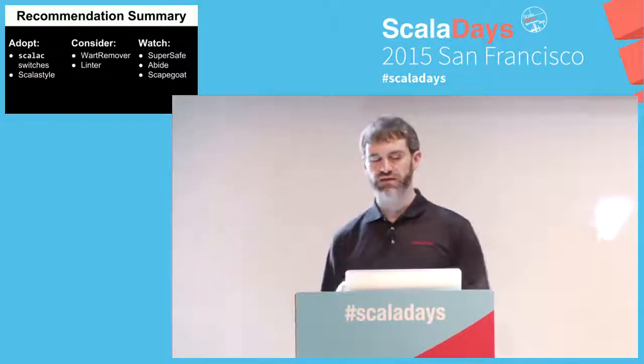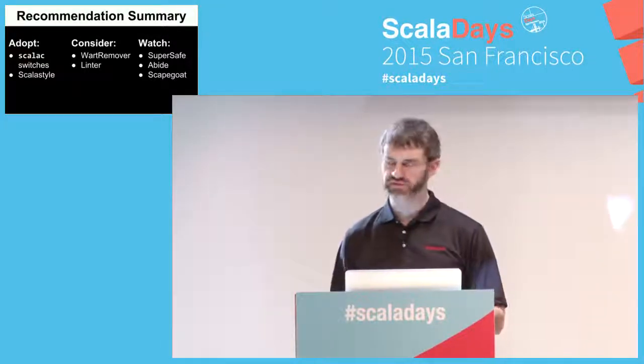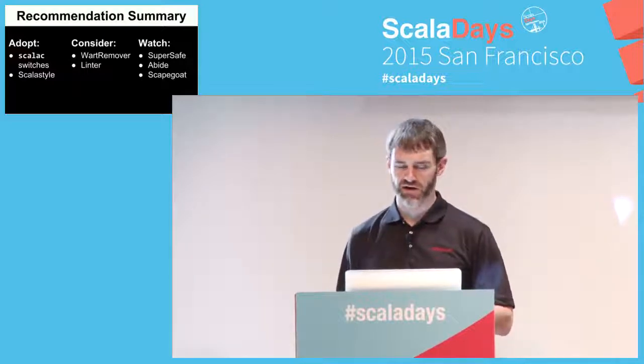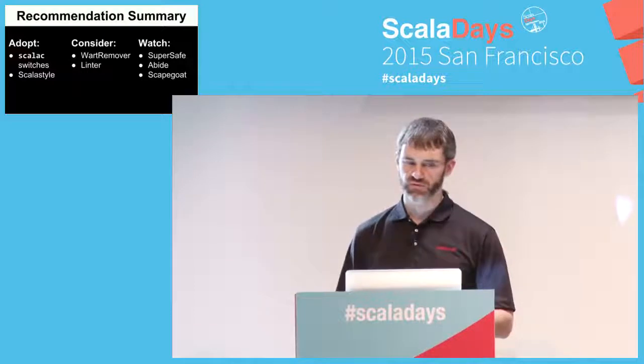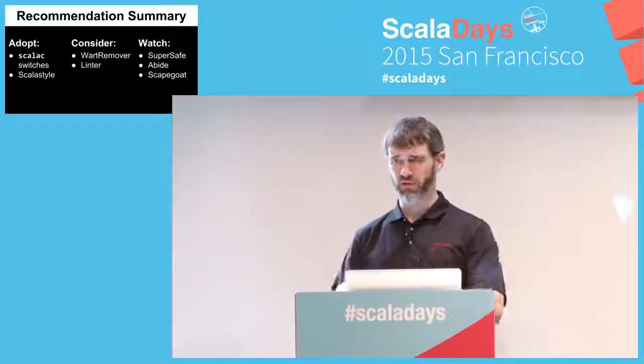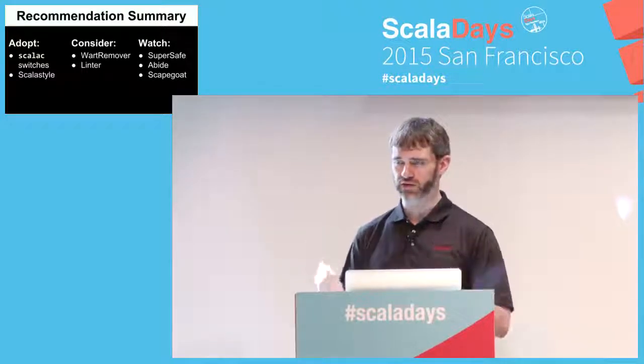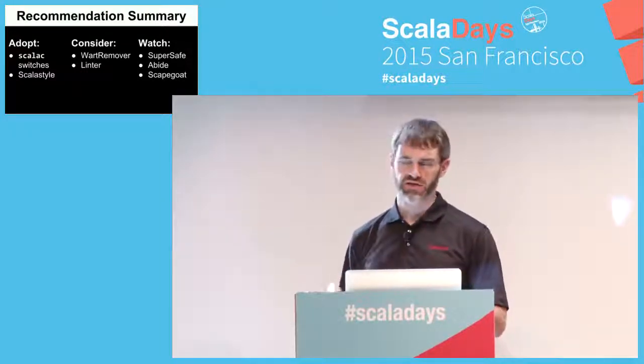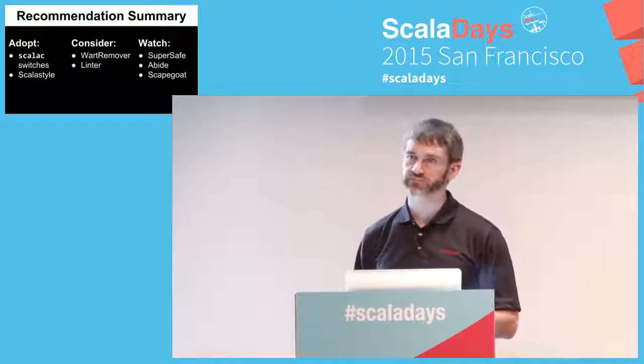If you need types to do your analysis, then you'd probably be looking at something like Wart Remover for extensibility. If you just want custom bits around how long things are or what can appear that doesn't depend on types, you can probably do that with Scala style.